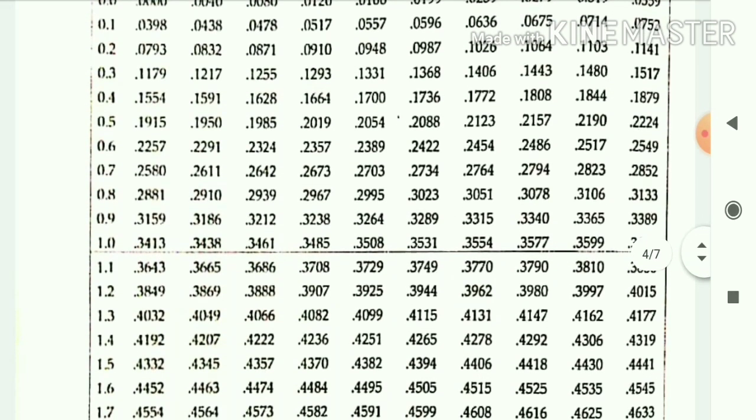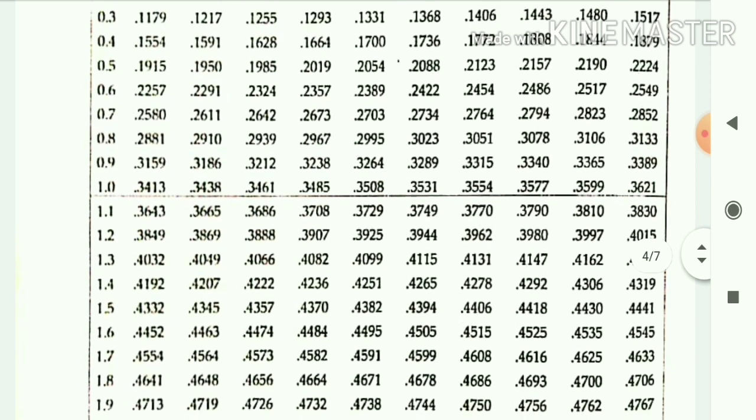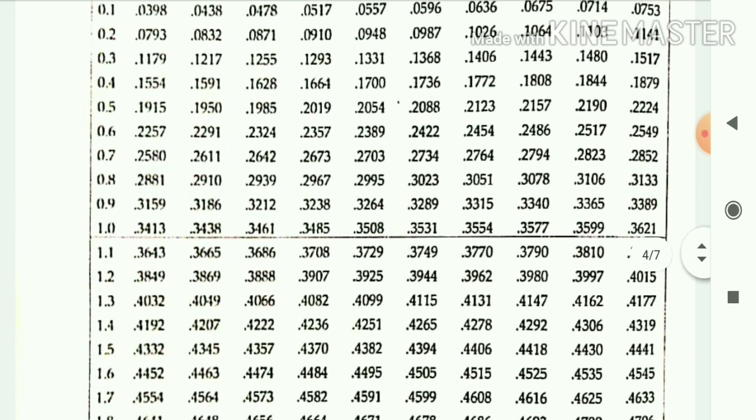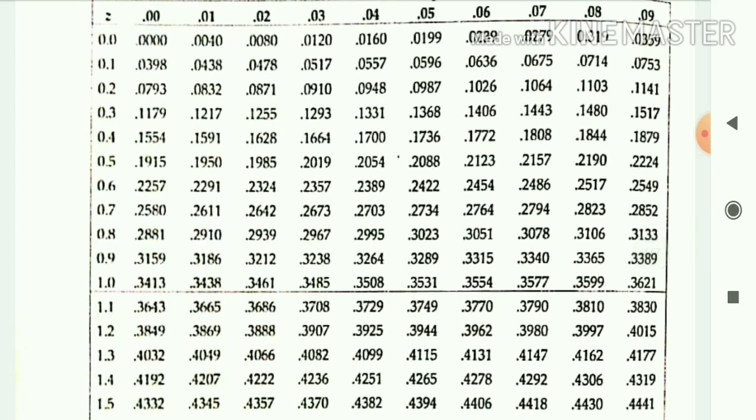I got 1.5 here, right? Now, what's the remaining value? 1.5 I took, the remaining value is 0.05. For that, you have to go horizontally. 0.05 is here, 1.5 is here. Therefore, the value of 1.55 is 0.4394. Hope you understood.